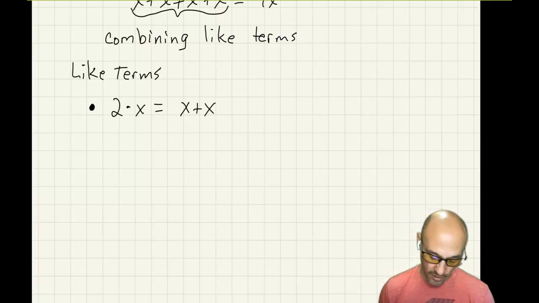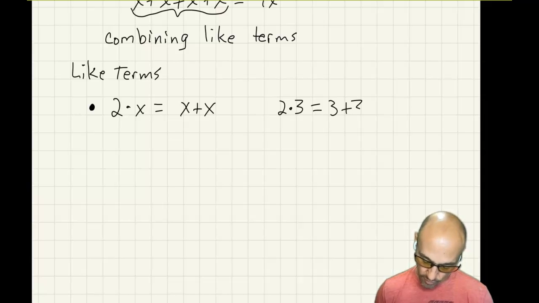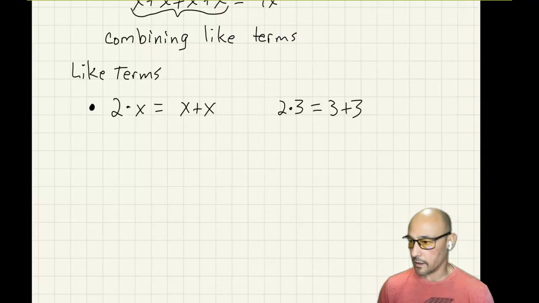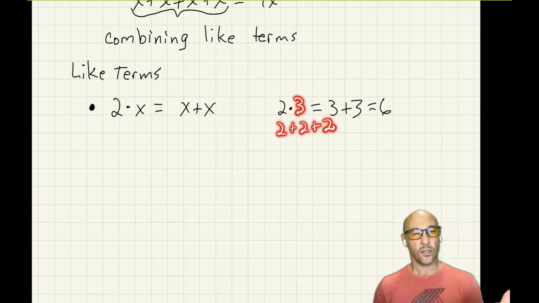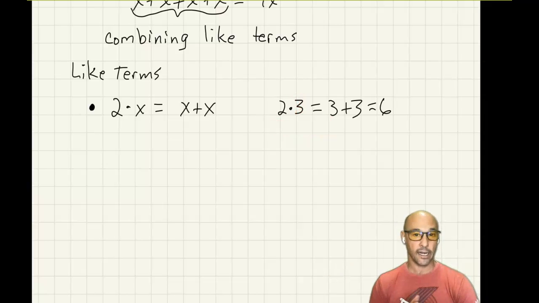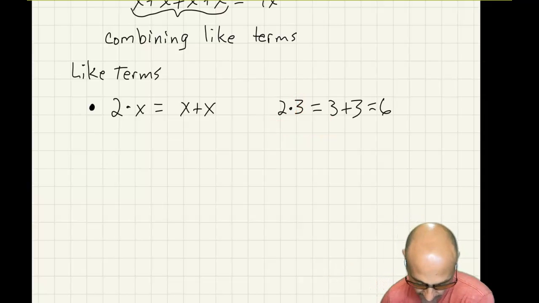But if we think of something like 2 times 3, it's going to be 3 plus 3. And that's 6, like we said before. You actually can also think of it as 2 plus 2 plus 2, because in this case, we're adding 2 to itself 3 times. So you can switch it around and look at it either way, and that's just fine.